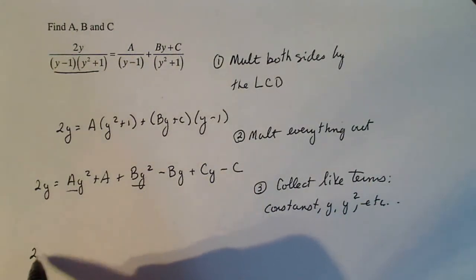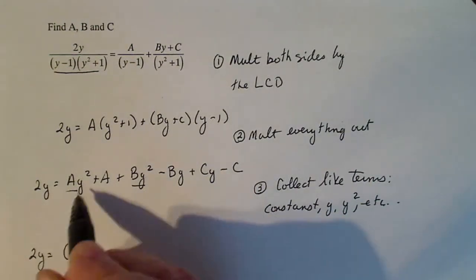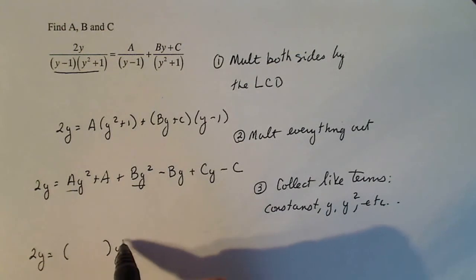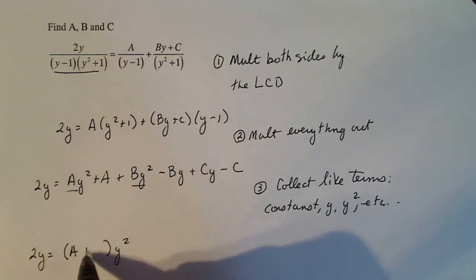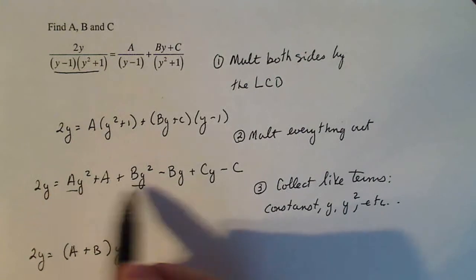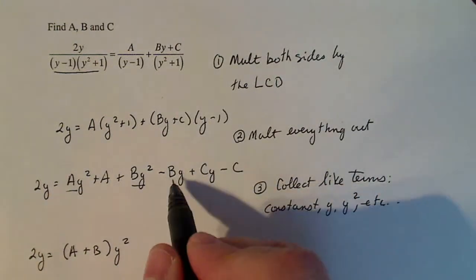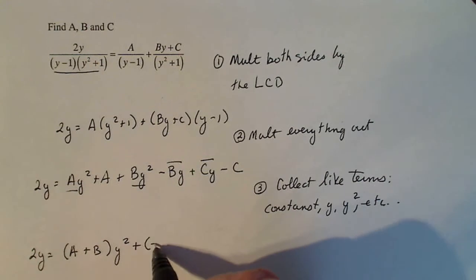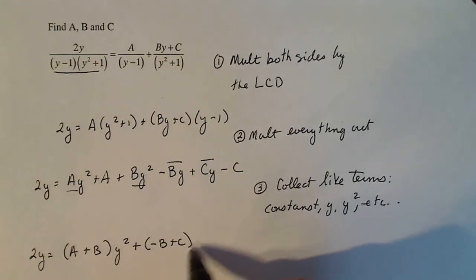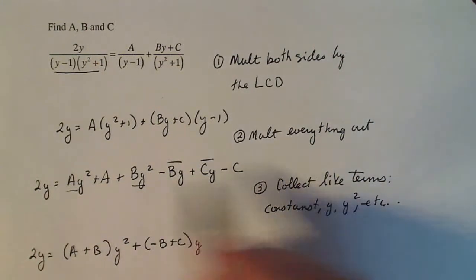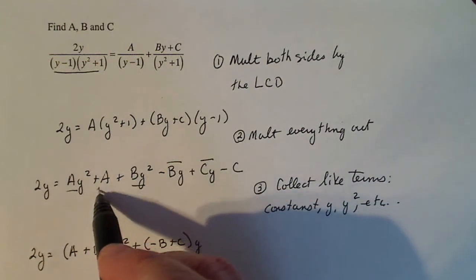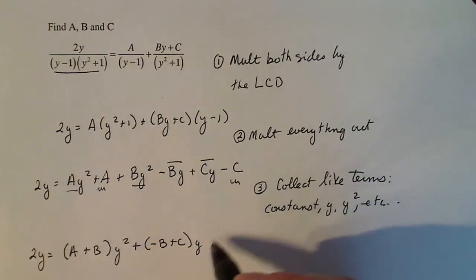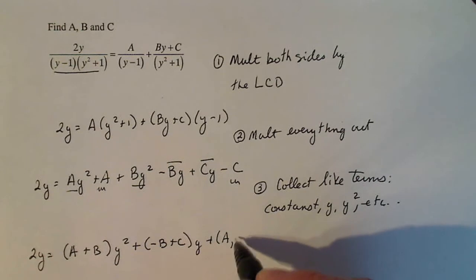By the way, the left-hand side stays the same. So I collect all the y squared terms, and I have an A plus B inside. Factor out the y squared. I see I have two y terms here, so that's going to be minus B plus C with the y terms. And then I have constant terms, A and minus C.